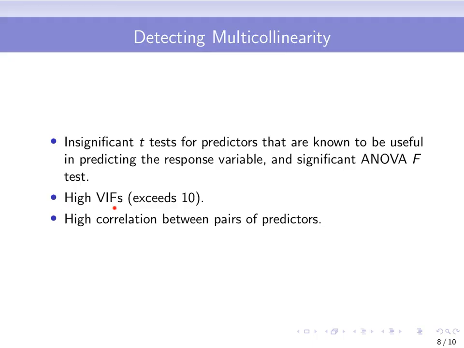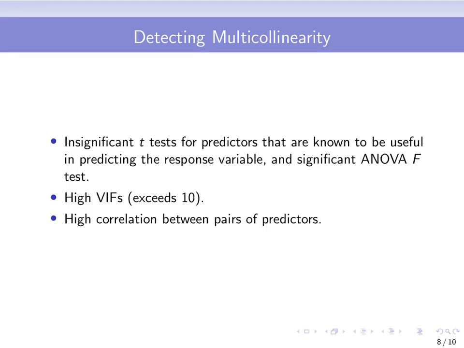There are other ways to assess it. High VIFs. The textbook uses 10 as the threshold. If you read other books, they might say 5 or 4. That isn't a strict threshold, in my opinion. The key idea, though, in my opinion, is if you notice a high VIF and then you take steps to remedy the issue of multicollinearity, do the VIFs drastically reduce?